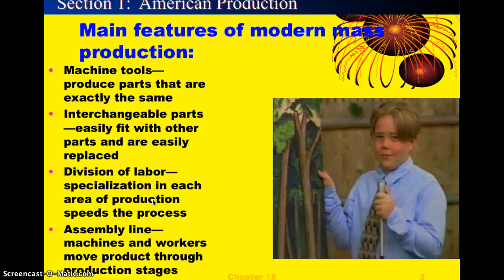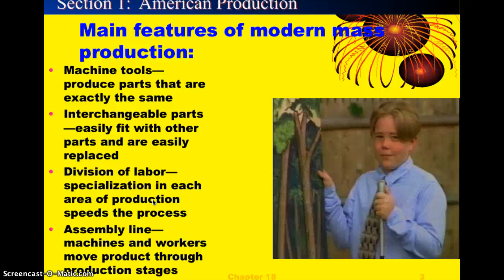Everything was just all in one area, and they slowly started to assemble it one by one. Well, this took a very long time, and because it took so long, the price was going to be even higher. When Henry Ford introduced the assembly line, instead of it taking several hours to assemble one car, now it was cut down to less than 40 minutes. This allowed the price of the automobile to decrease.